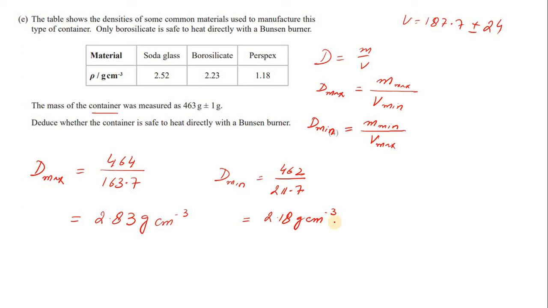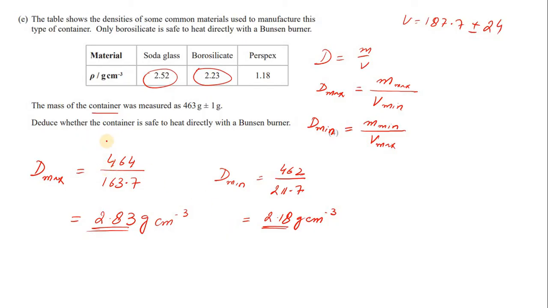Now clearly you see that minimum is 2.18 and maximum is 2.83, and we have borosilicate and soda glass. Both material densities are within that limit.